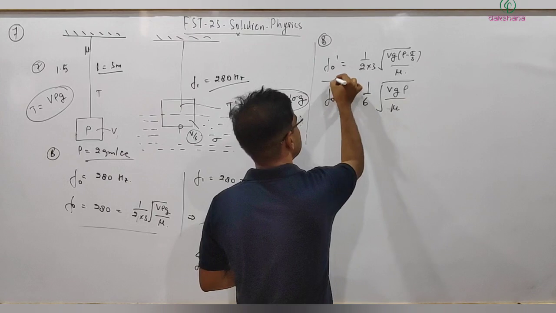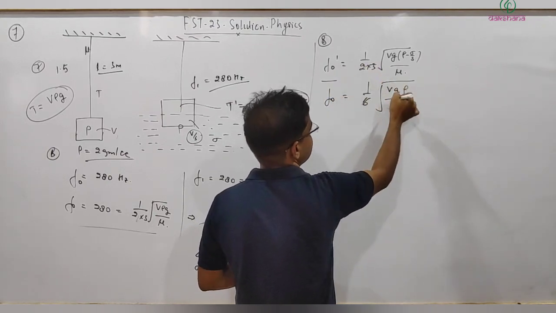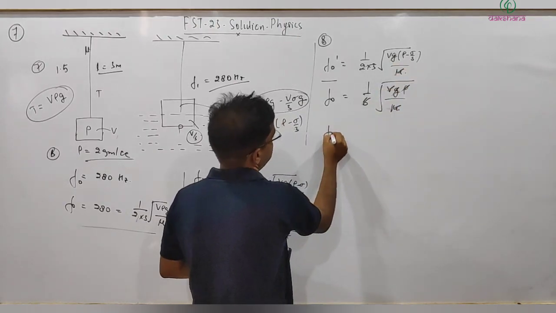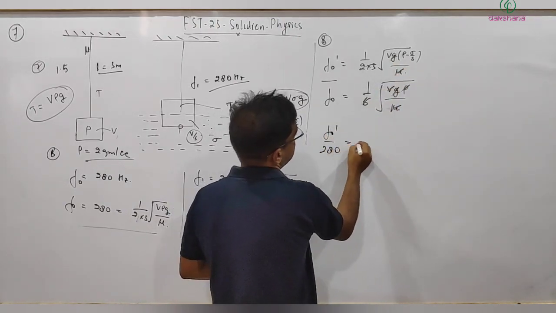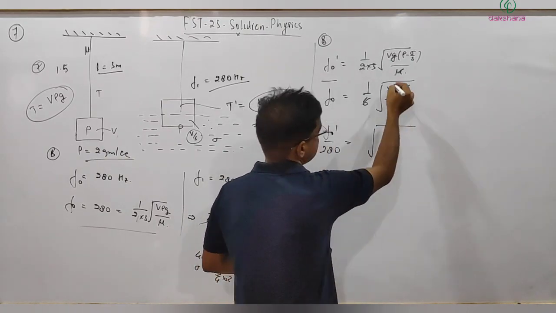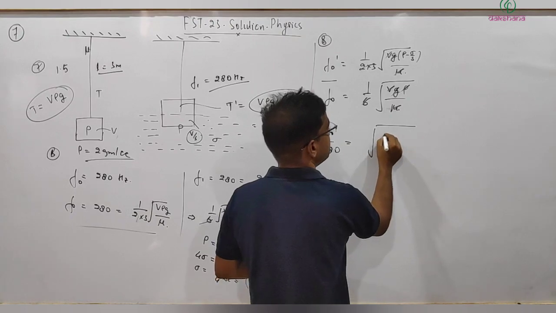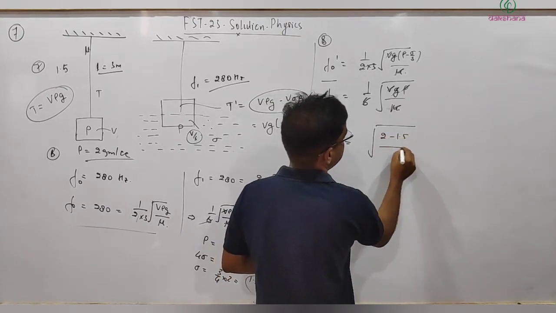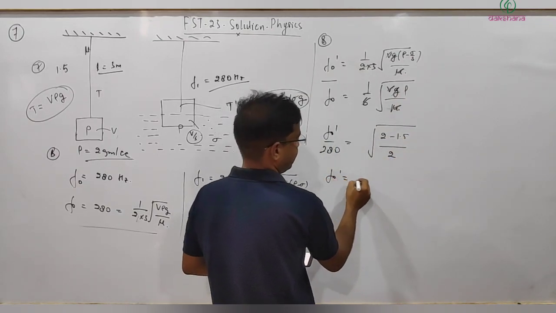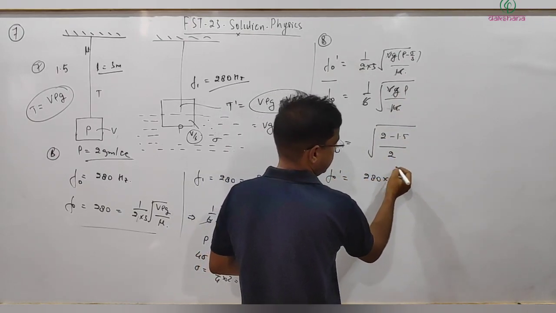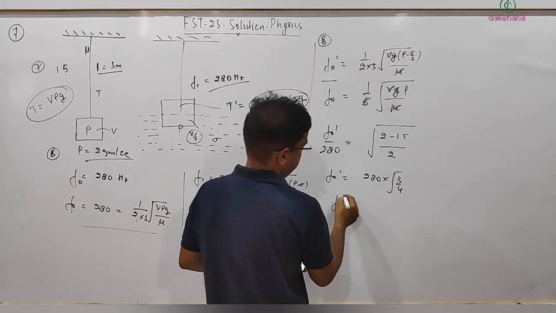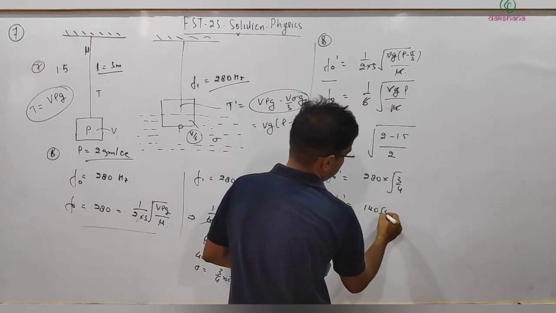So simply dividing it, this is 280, and mu gets cancelled, V and g also get cancelled. So f0 prime divided by 280 is equal to under root, V gets cancelled, so it's 2 minus 1.5 divided by 2, the rho will still be there, and this implies f0 prime is equal to 280 multiplied by root 3 by 4, and f0 prime is coming out to be 140 root 3 hertz.